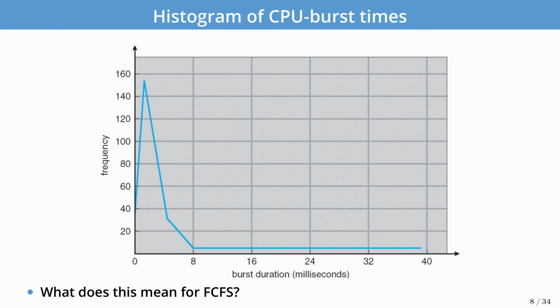So here we're showing a diagram of basically CPU burst times, how much CPU is used between I/O requests for a given application, and the frequency that those different I/O requests are used. And what we can see is that while we have a long tail of very long CPU tasks, most CPU tasks are incredibly short-lived. They're just a few milliseconds, and then an I/O request or operation is going to be done that's going to require us to place the thread in a waiting state while other threads can run.